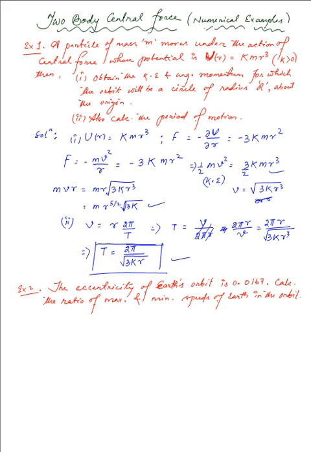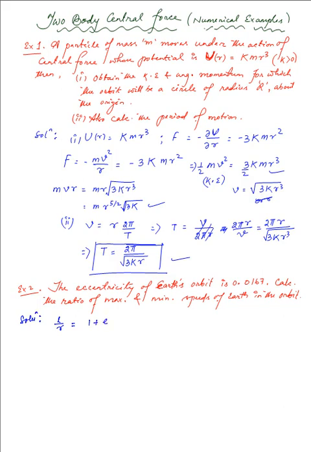Now both these conditions can be dealt with using the general expression for the equation of the conic. We need not be concerned about the expression as a whole, but just a case of it: L over R is equal to 1 plus E cosine of (theta minus theta dash).